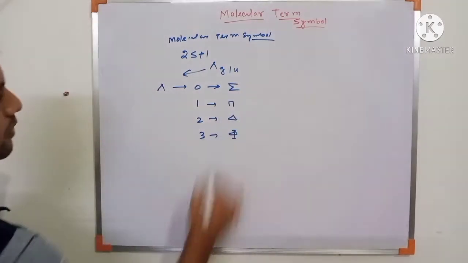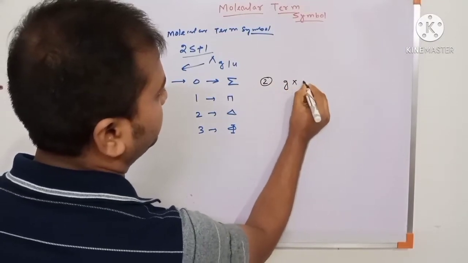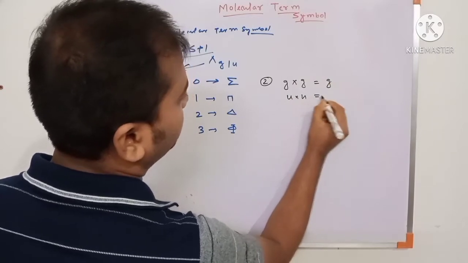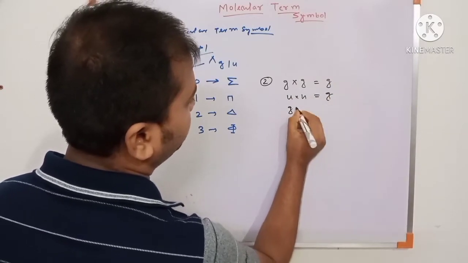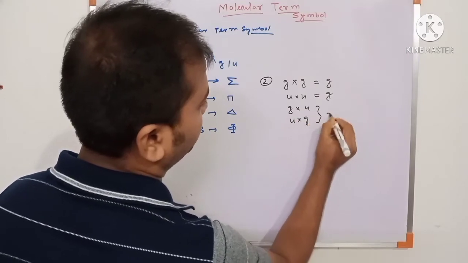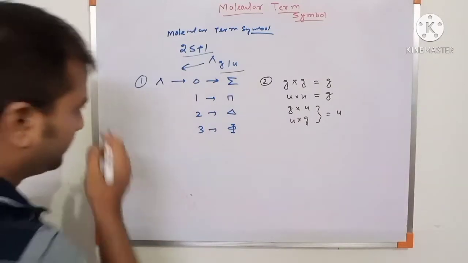This is the spectroscopic state. Second, g into g equal to g, u into u equal to g, and g into u or u into g is equal to u. This is the subscript value.